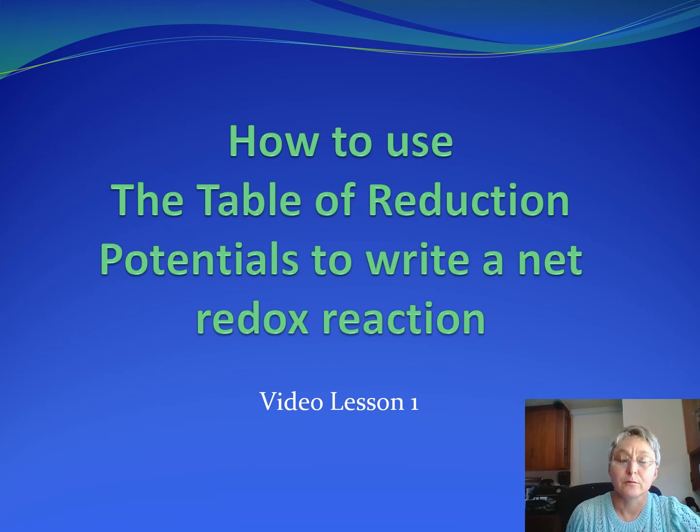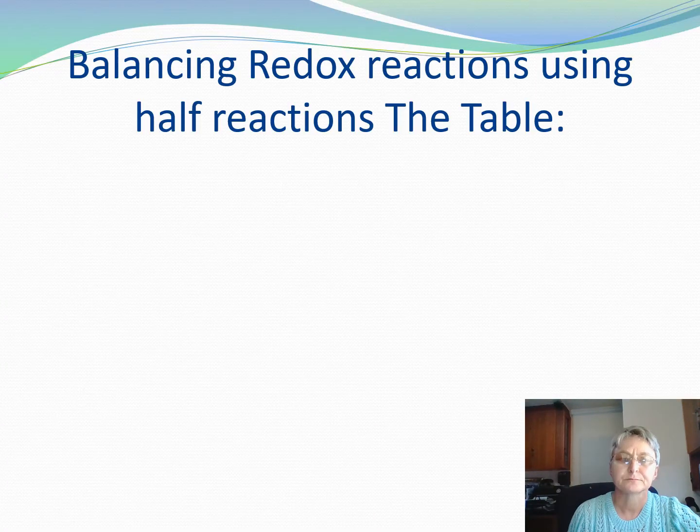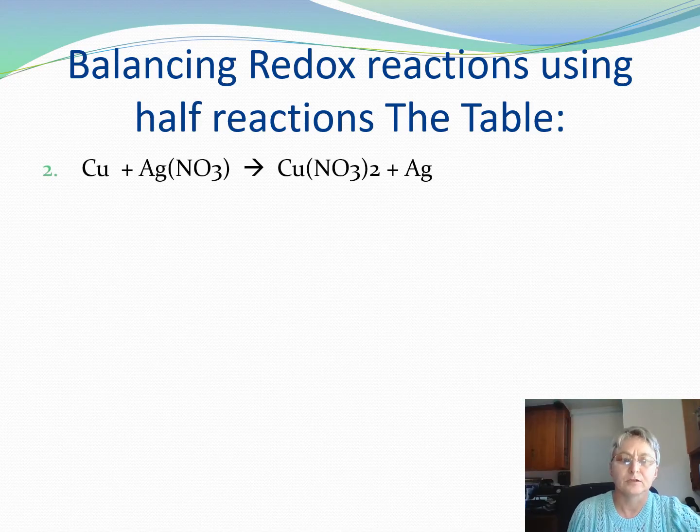I want to continue the lesson we had in class on using the table of reduction potentials to write a net redox reaction. So our example is as follows. We've got copper reacting with a silver nitrate solution.